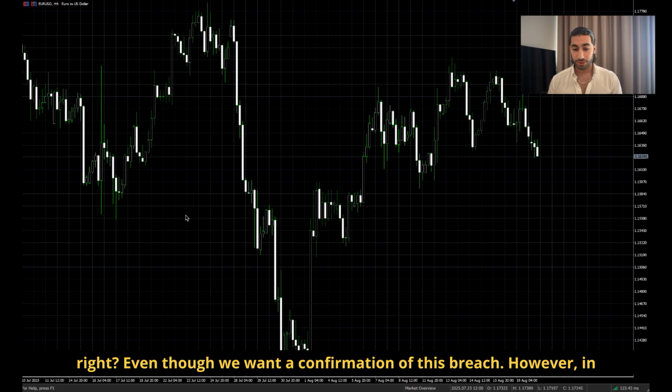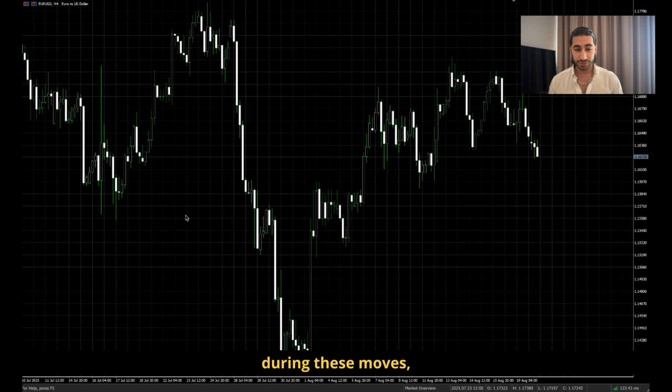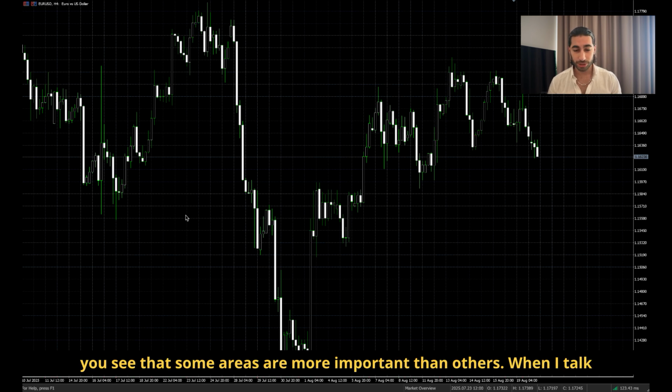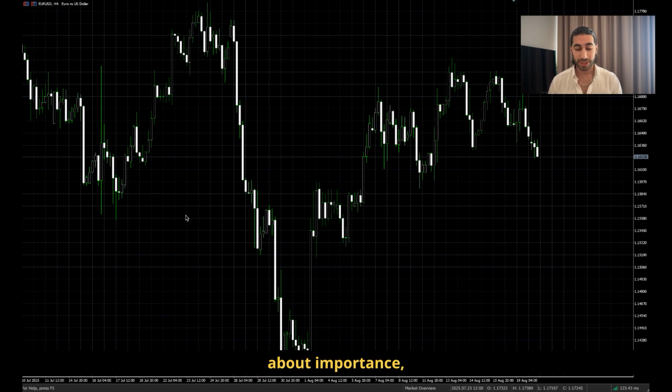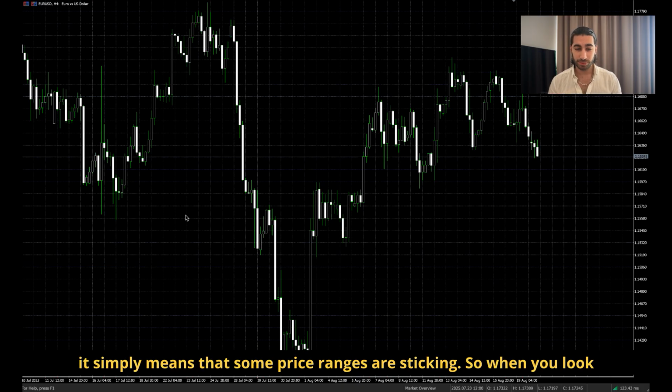However, during these moves, you see that some areas are more important than others. When I talk about importance, it simply means that some price ranges are sticking.